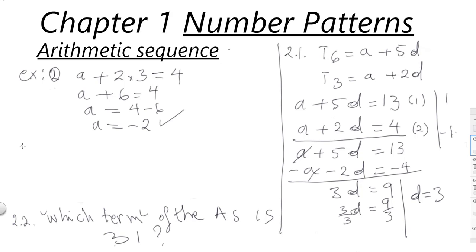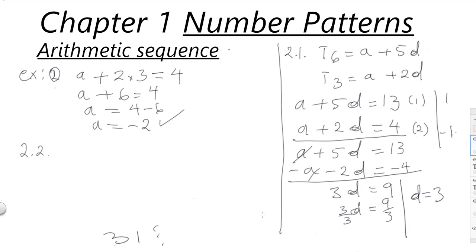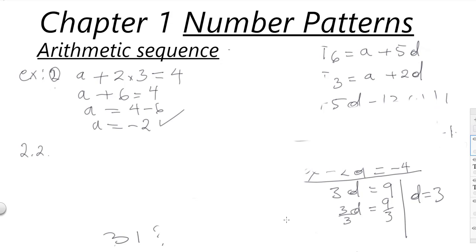If you can remember, when I started the question, our first term was this. Now, let's move to question 2.2, which says, which term of the sequence is equal to 31? Meaning that Tn equal to 31. Which term are we looking for?